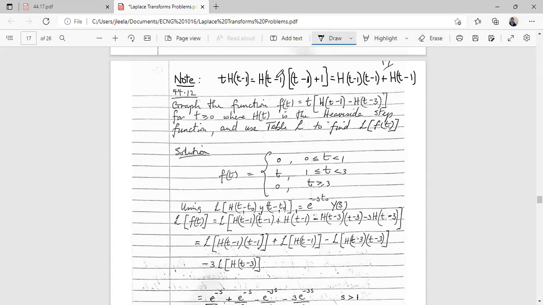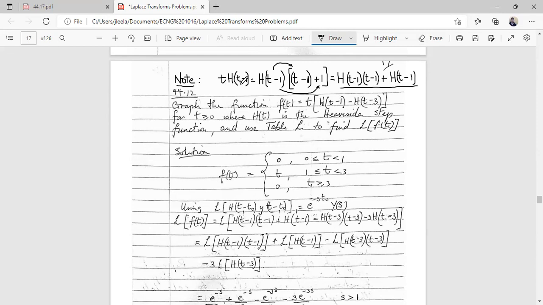But if you use your distributive property, you multiply this term by the first term, and then by the second term. So it will be h of t minus 1 by t minus 1, and h of t minus 1 by 1, which is just h of t minus 1. So t of h of t minus 1 is really this on the right hand side: h at t minus 1 times t minus 1, plus h at t minus 1.